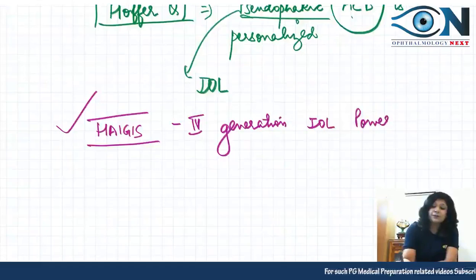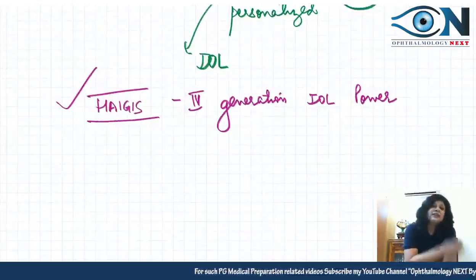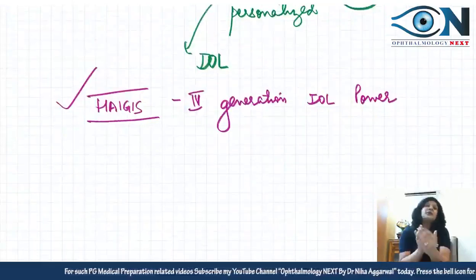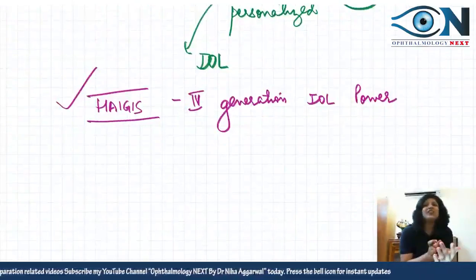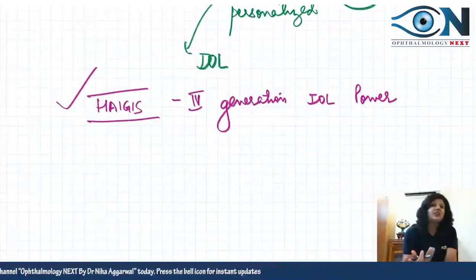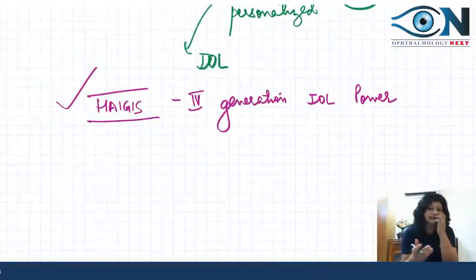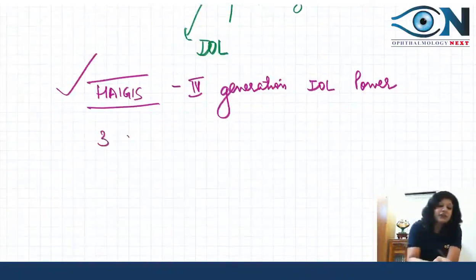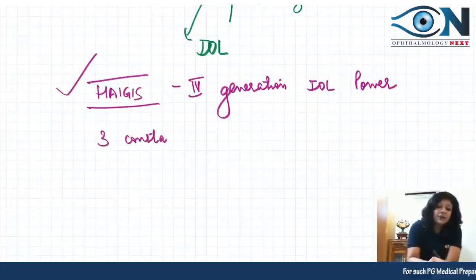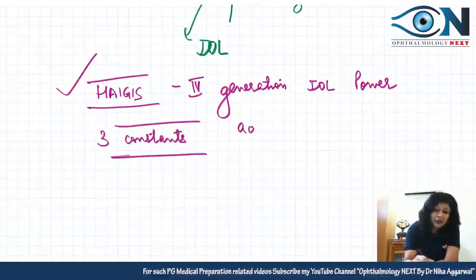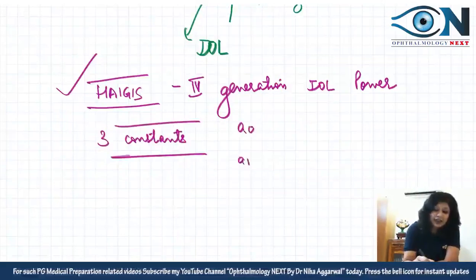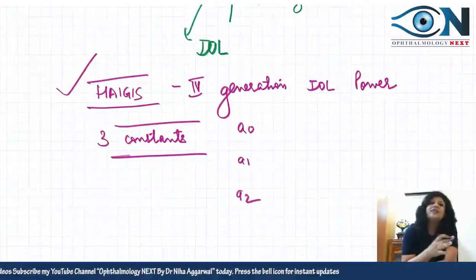And obviously it is the latest, and I think this is common sense also, because if you are doing something for post refractive surgery, that has to be 4th generation, has to be recent, because refractive surgeries are also latest. In the 4th generation ones, I am using 3 constants, that is a0, a1, a2. Now don't get scared, it is very, very simple.